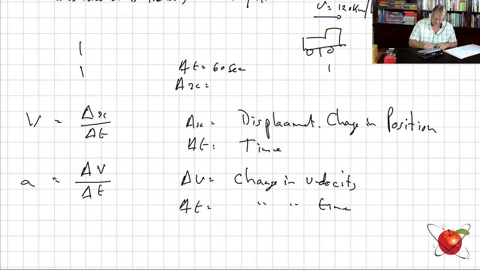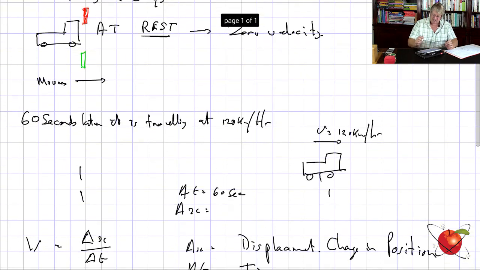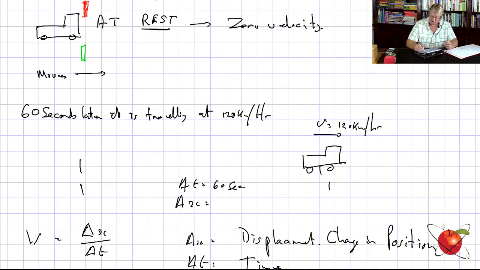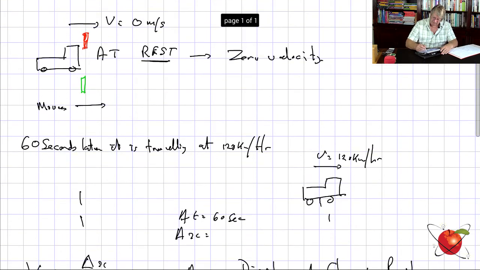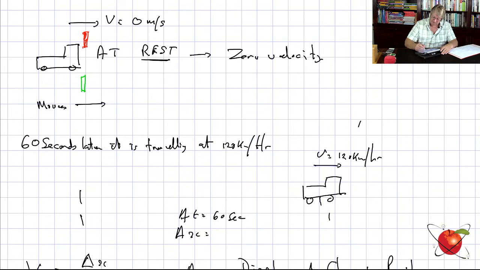So what do we know? Let's have a look. Delta v, do we know? Well, first of all, the first thing I haven't done is what do we do when we see things traveling at 120? We convert to meters per second.